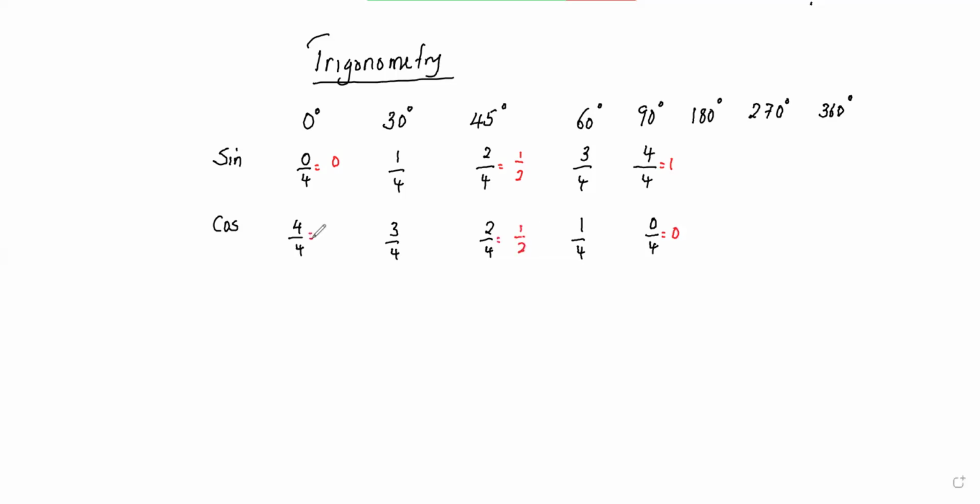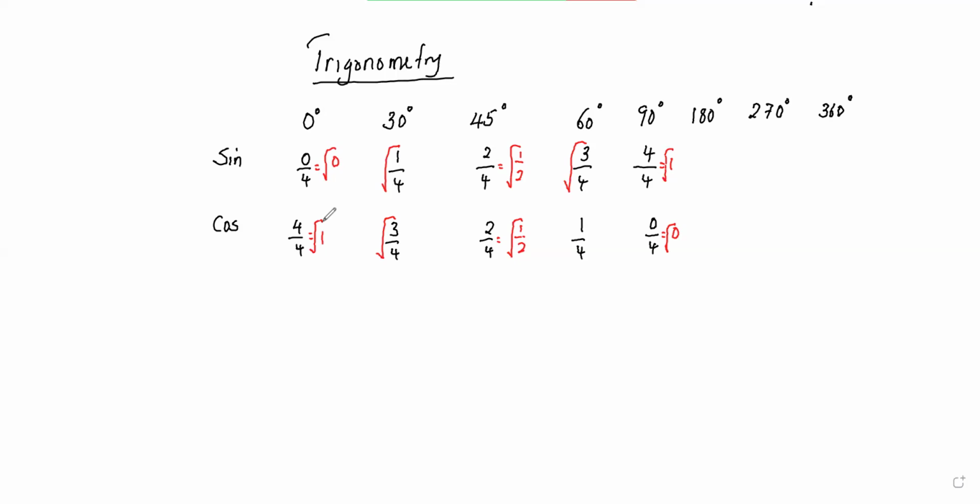The same, and this guy is 1. Then from there now, I get the roots. So the root of 0, the root of this guy, the root of half, the root of that, and the root of this.